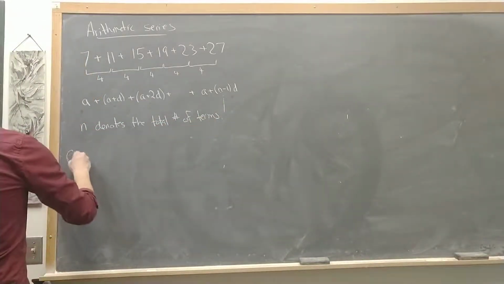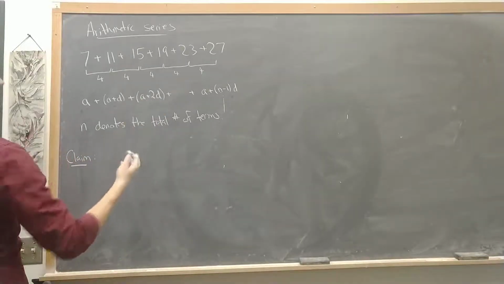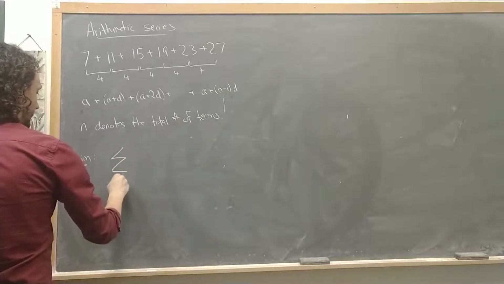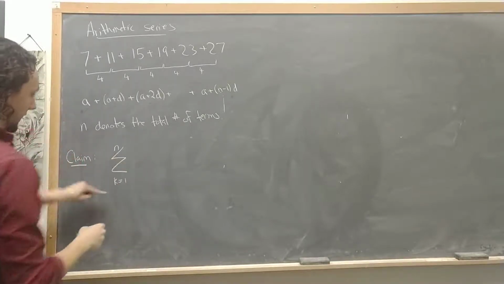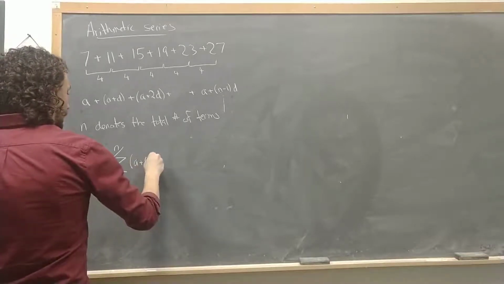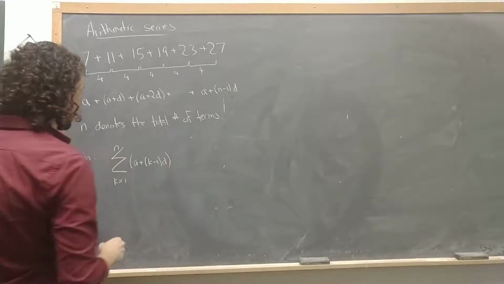Now, what I want to show is the following formula for the sum of an arithmetic series. I can write it in sigma notation: the sum from k equals 1 to n, the n terms of the series, of a plus (k minus 1)d.